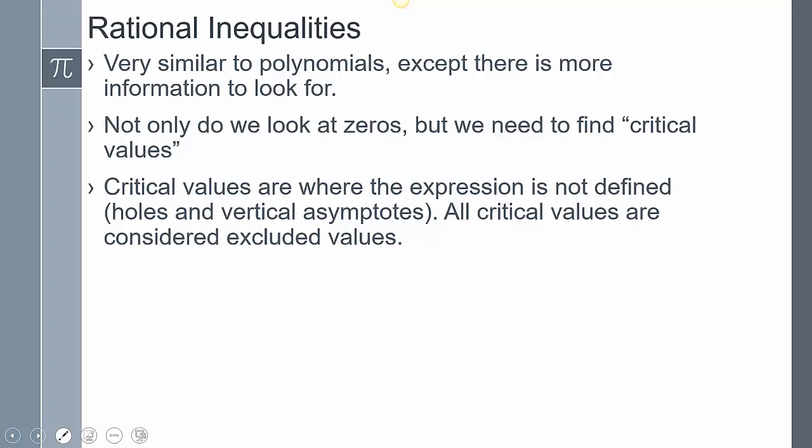Tying that to a previous lesson, those are all the holes and vertical asymptotes. All critical values are going to be considered excluded values, which means open circle. So you're going to mark all critical values as open circle. Just a recap, the first step we should be doing now is finding critical values when it comes to rational inequalities. All those critical values are holes and vertical asymptotes, and we're going to classify them as open circles.